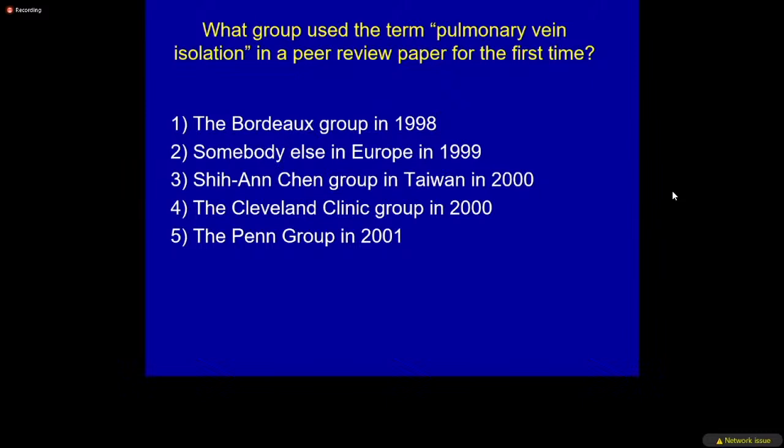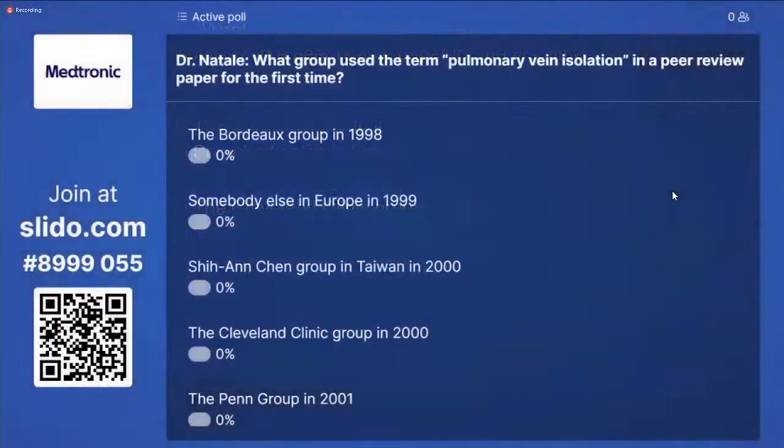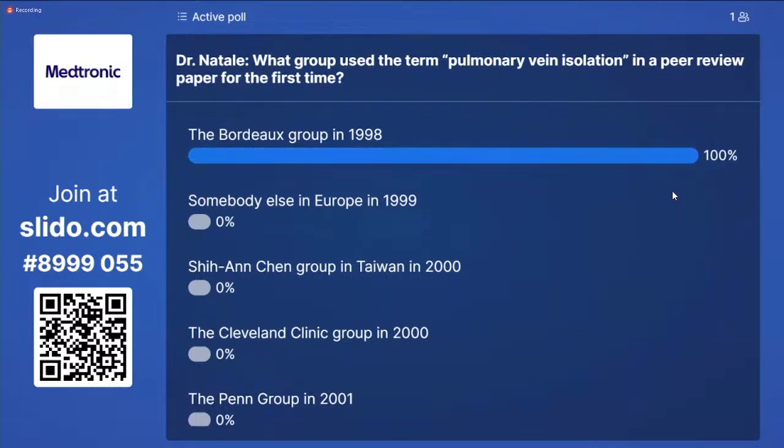And then I have a question. Let's see what you say. What group used the term pulmonary vein isolation in a peer-reviewed paper for the first time? Let's see. What do you think? And this is an encouragement to read, not to just be on Twitter.